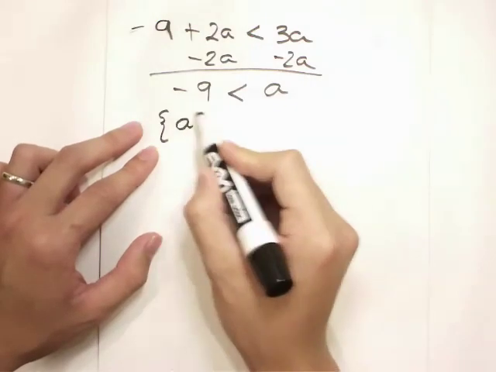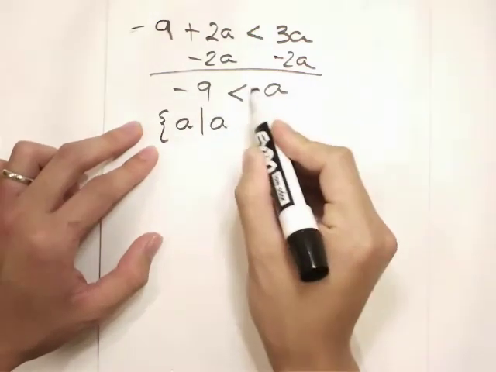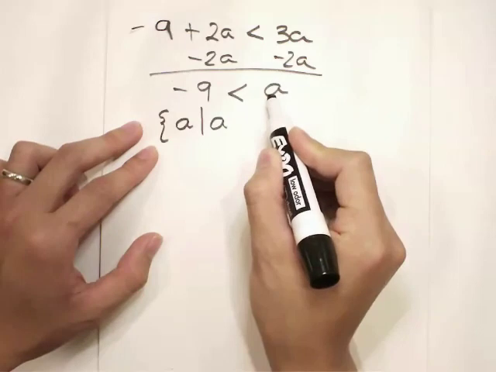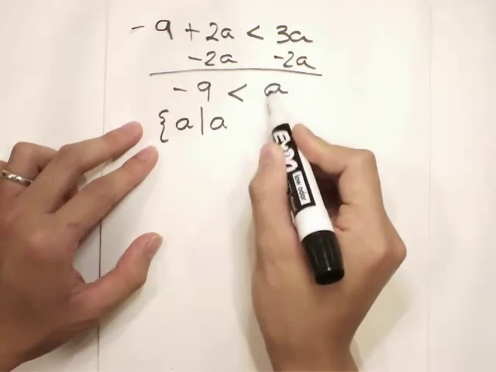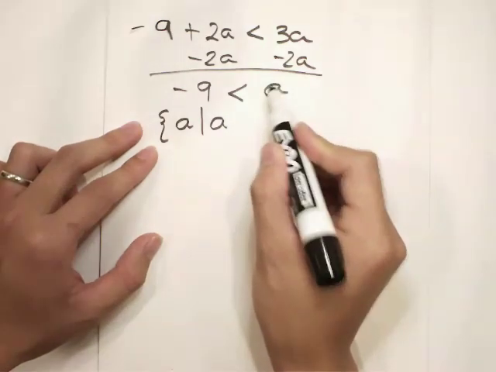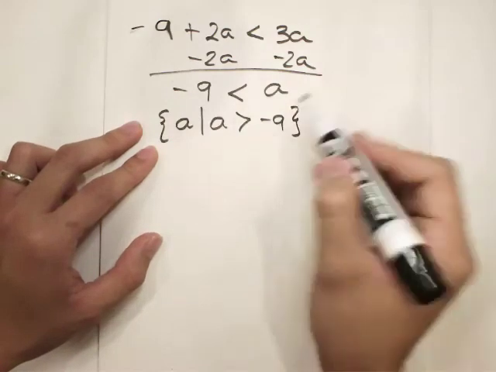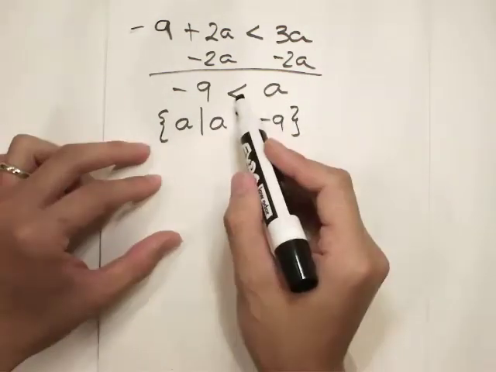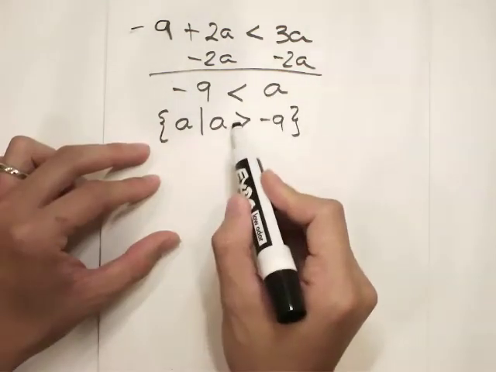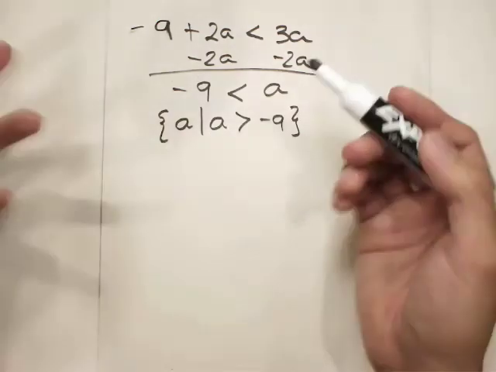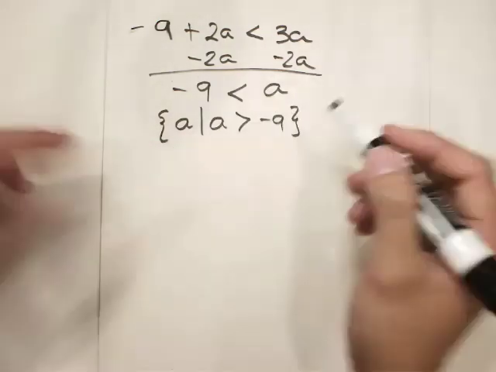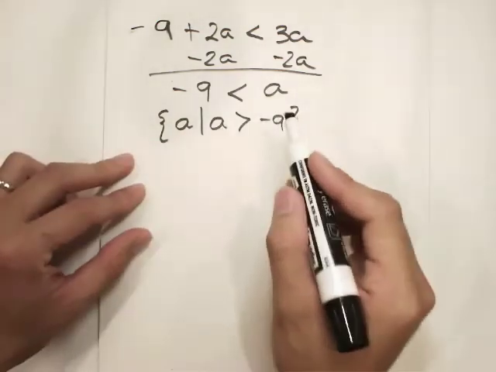It's letter a, such that the variable a is, once again, the mouth is facing the letter a this time. This is greater, this is a bigger value, so a is greater than negative 9. Make sure you read it carefully. Notice the mouth is facing a. I'm not changing anything. I'm just making sure that the variable comes first. So a is greater than negative 9.